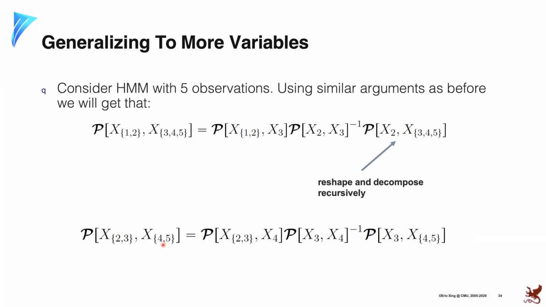Following the same trick, we previously showed how to factorize this 4-variable joint probability. So we can further decompose it the same way and plug it back. Finally, this joint probability of 5 variables will be a multiplication of matrices that only contain a maximum of 3 variables.